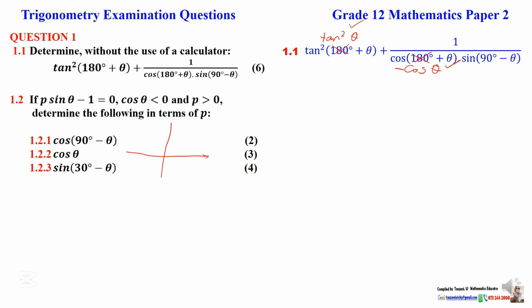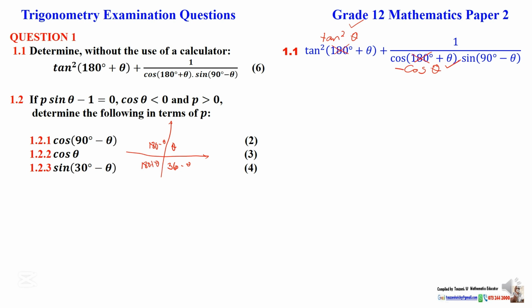one, then in your studies, make sure that you understand this diagram very well, that in quadrant 1, the angle is theta. In quadrant 2, the angle is 180 minus theta. In the third quadrant, the angle is 360 minus theta.